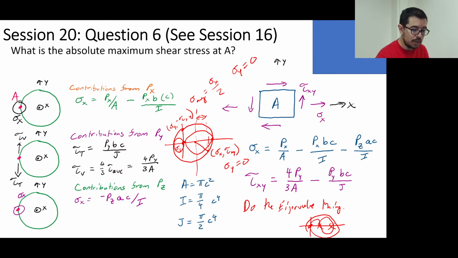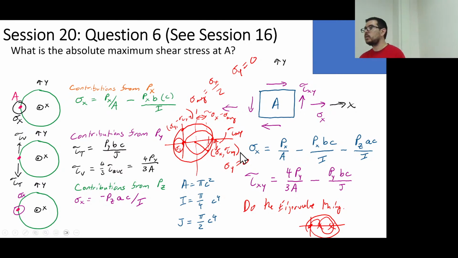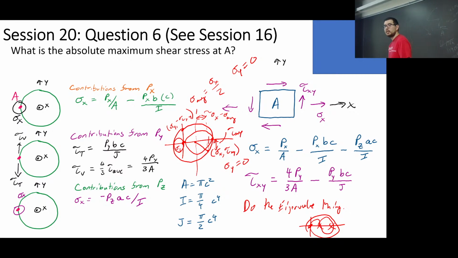This is going to be sigma x minus sigma average in that direction, and this right here is just the tau xy. So the radius is going to be the square root of sigma x minus sigma average, squared, plus tau xy squared. That will be the radius, which actually ends up being the absolute maximum shear stress as well.